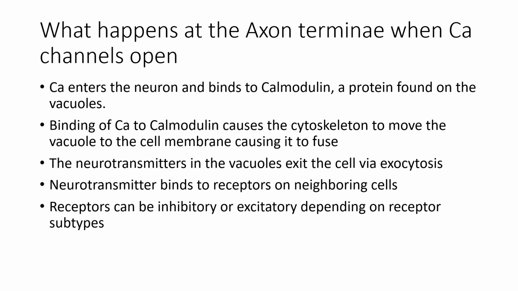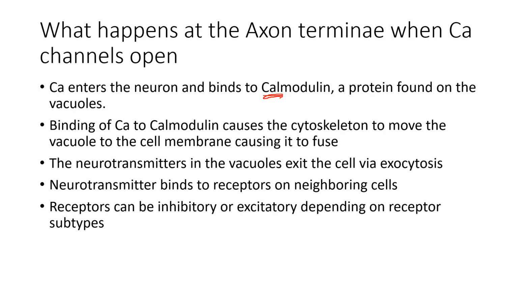And at the axon terminae, I actually mentioned this already, calcium enters a neuron via facilitative diffusion. It binds to a protein called calmodulin. If you notice, CAL, calcium, modulin. It's modulated by calcium, and this protein is found on the vacuoles.